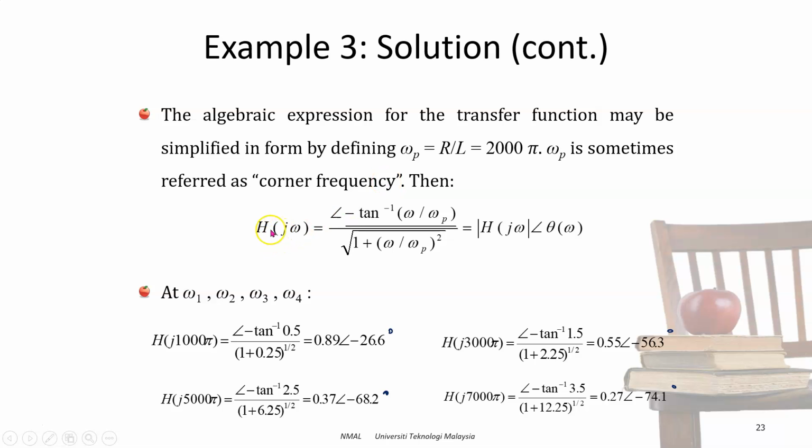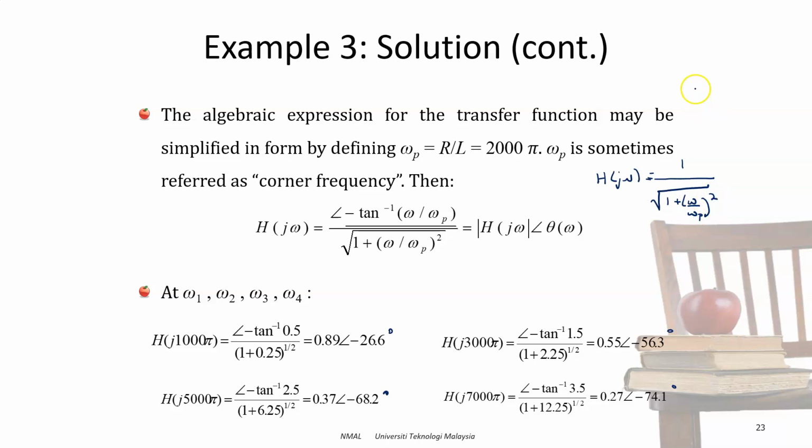The magnitude of the transfer function now is 1 divided by the square root of 1 plus omega divided by omega p squared.